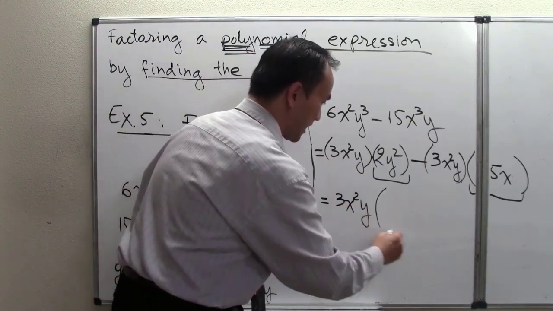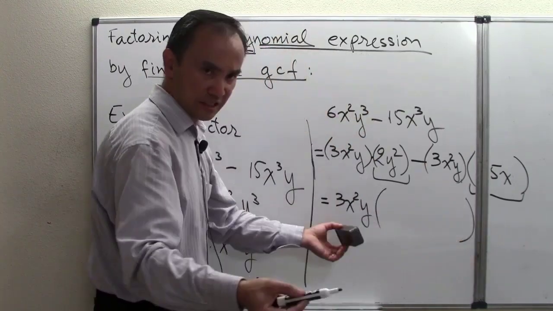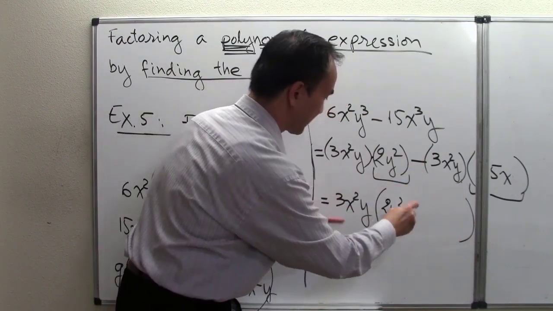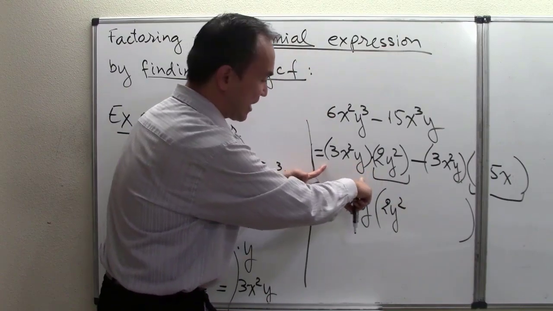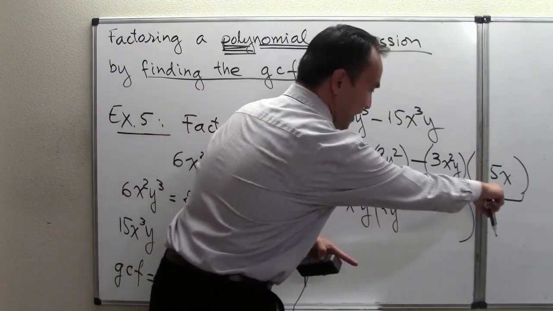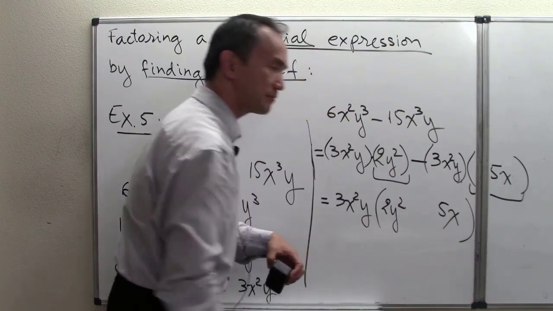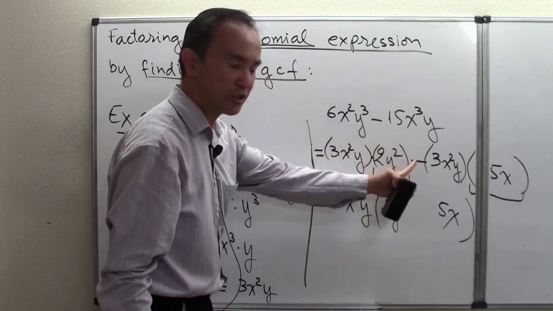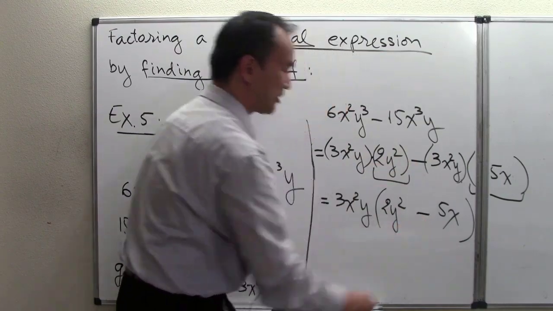And we multiply that with now a sum or a difference. See, 2y squared is the first term after isolating out the GCF, 2y squared left over, 5x left over. The operation existing between the two terms is subtraction. Now we put a subtraction sign there.